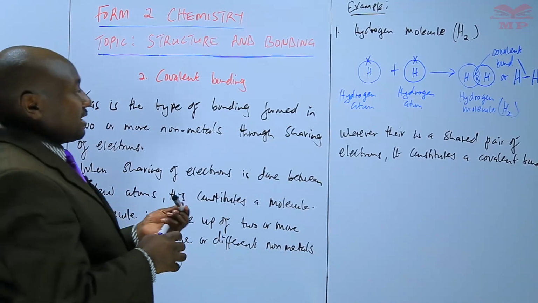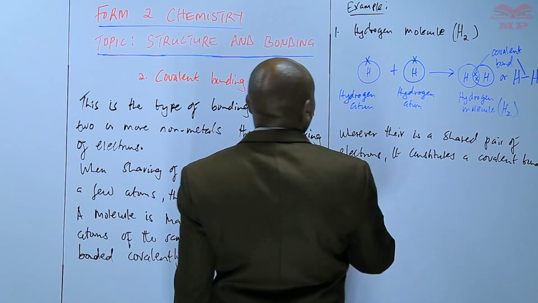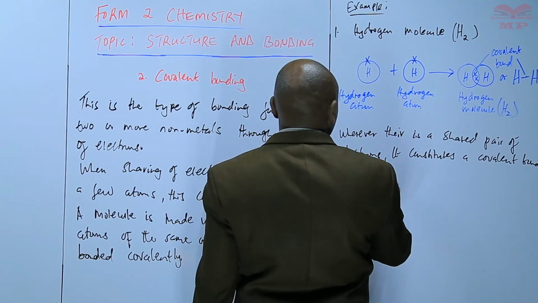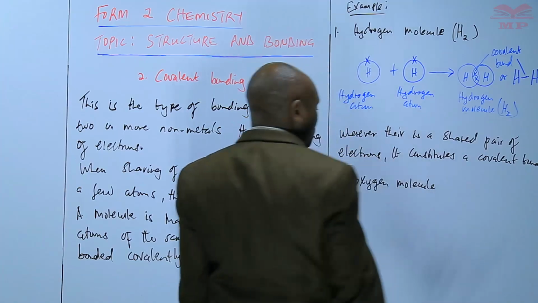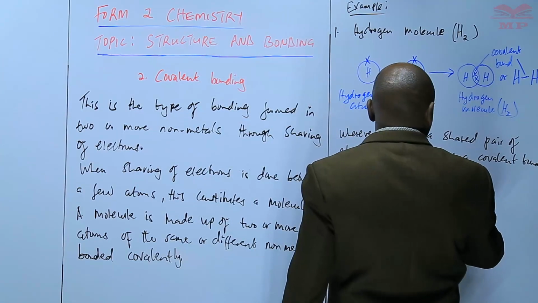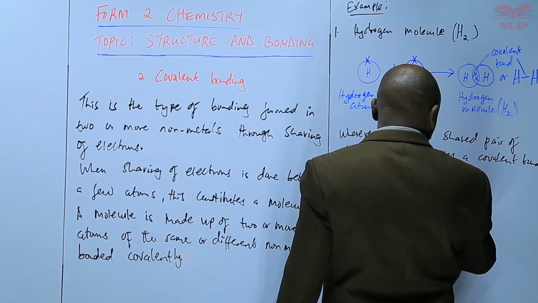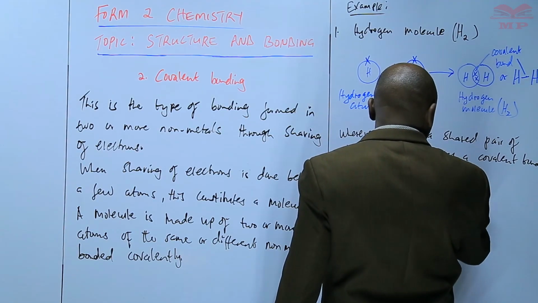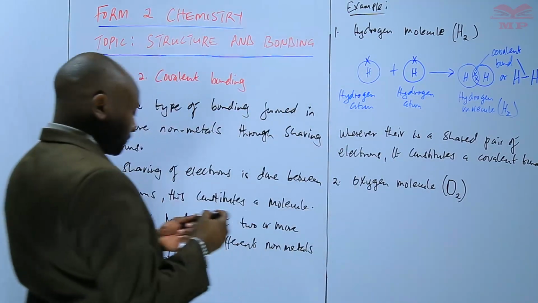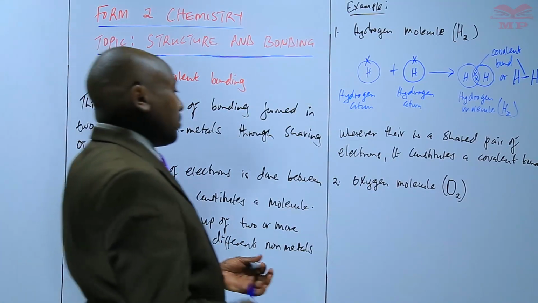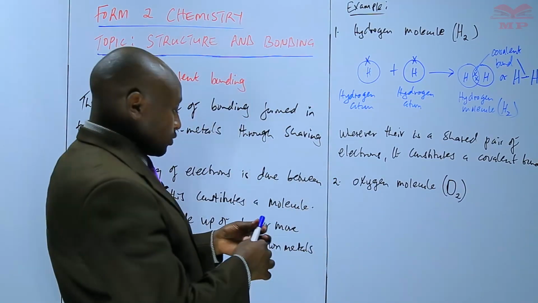We can also have another example, of the oxygen molecule, which is the same as oxygen gas, and this is O2. It is made up of 2 oxygen atoms, an oxygen atom and another oxygen atom.